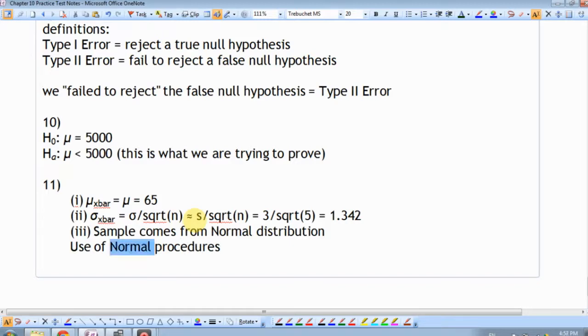Sorry, we're doing T procedures here, right? Should be safe. Wait, why should they be safe? Because the population is normal.